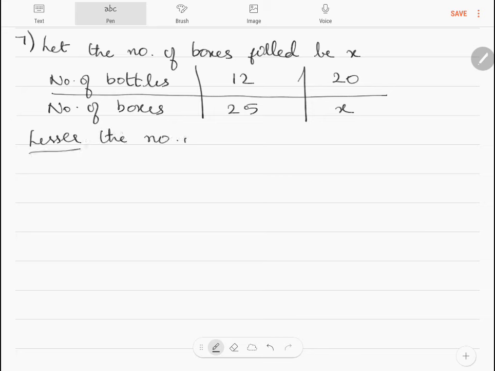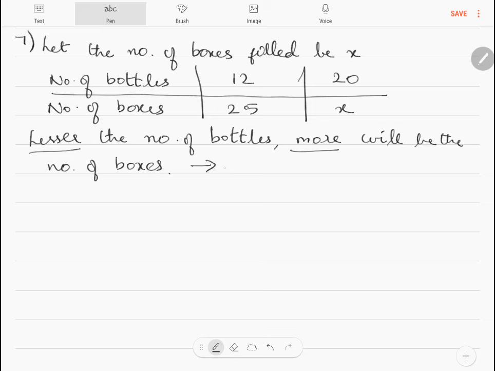Lesser the number of bottles, more will be the number of boxes. Now this is case of inverse proportion.